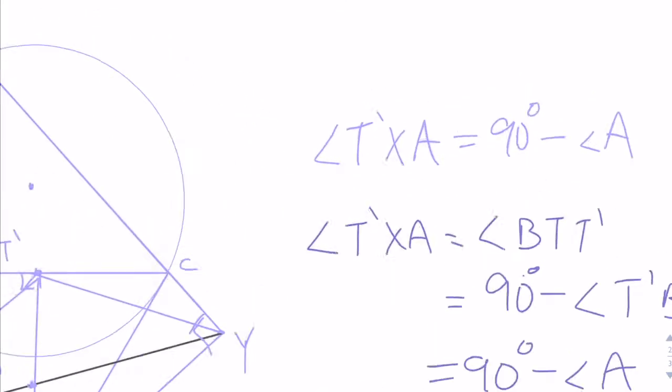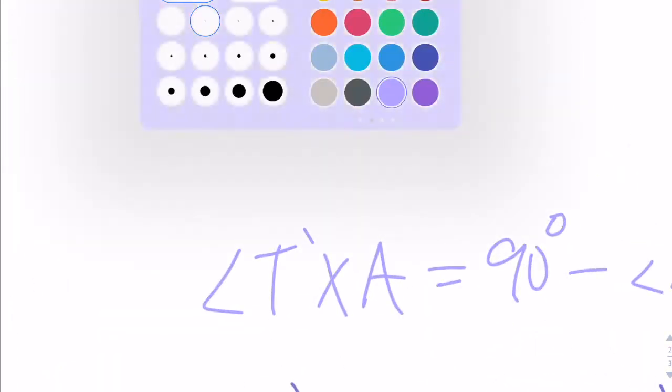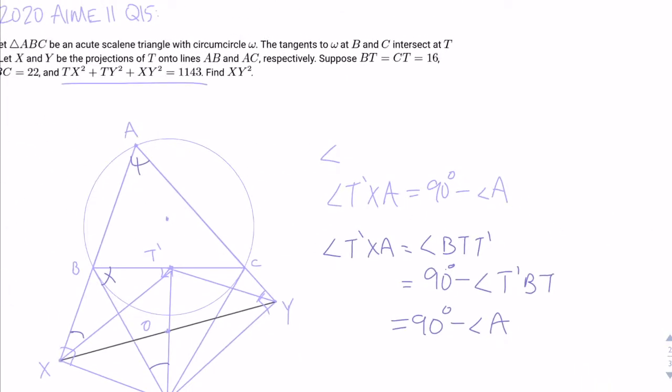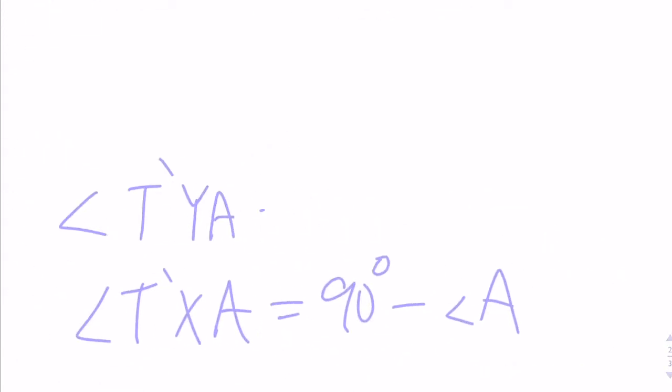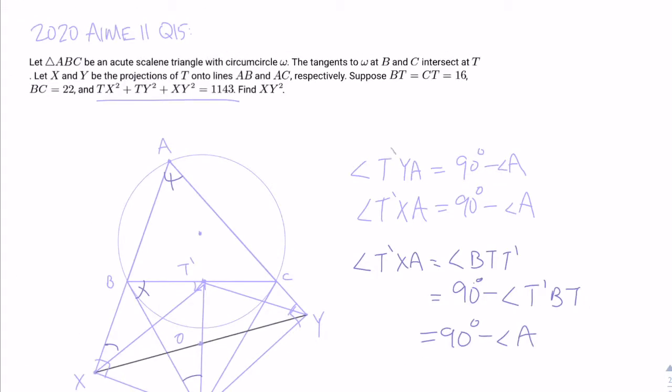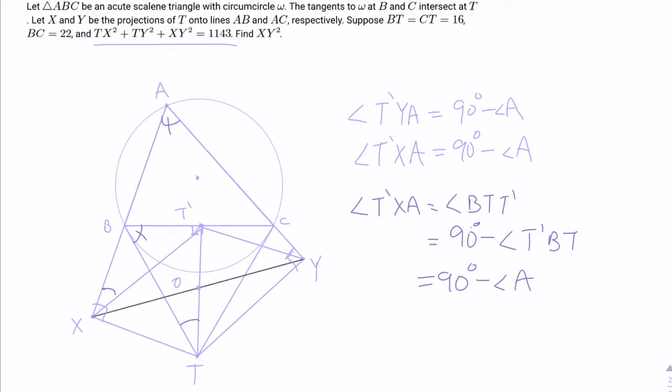That is, we can use the exact same argument to prove that angle T prime YA is equal to 90 degrees minus A. And thus we are done, because if any two perpendiculars intersect at T prime, then T prime is our orthocenter as desired.